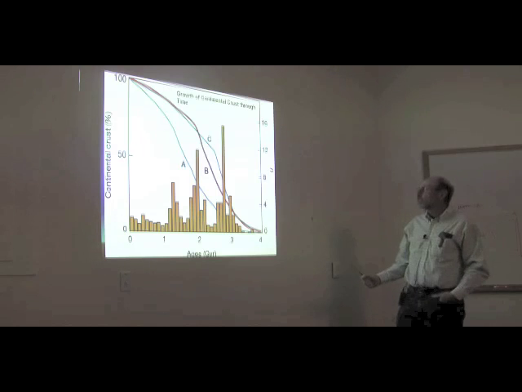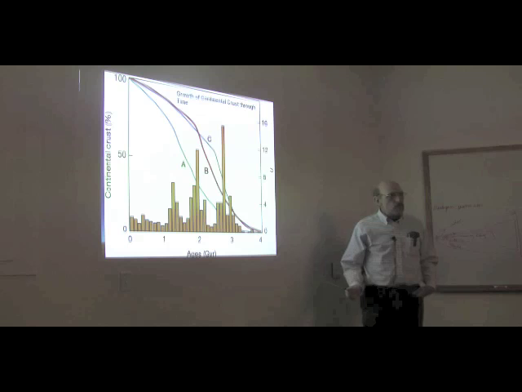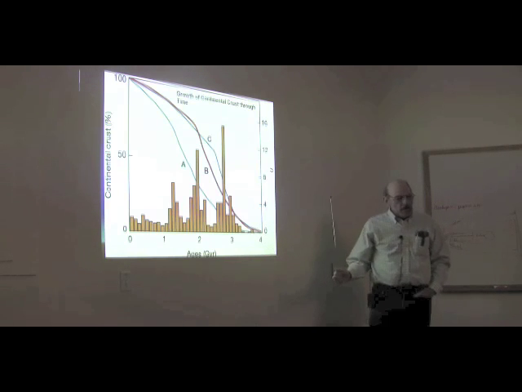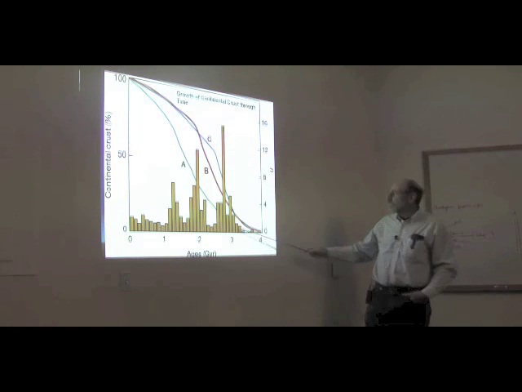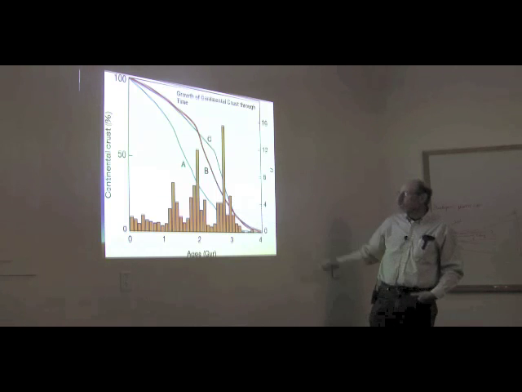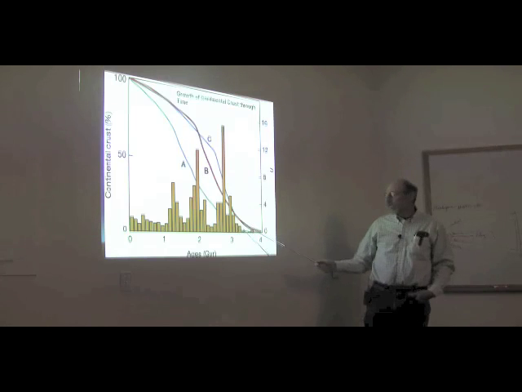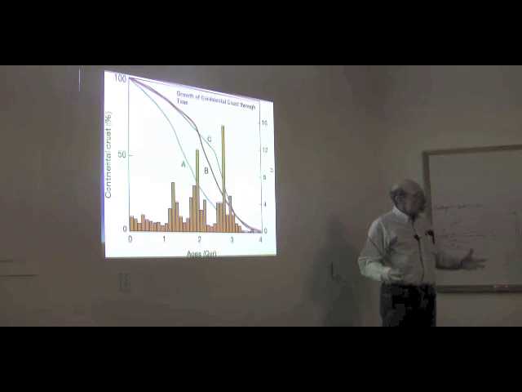Just one slide indicating the history of continental growth, and I can't vouch for how robust this is. Basically, it's based on numbers of uranium-lead dates that have been taken through time from continental areas, measured in zircons.